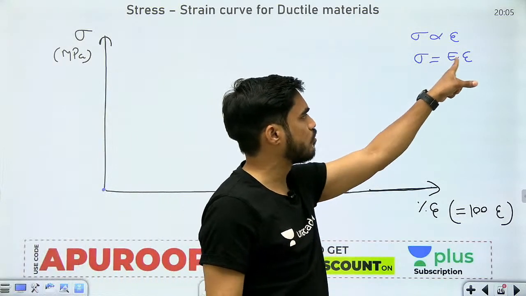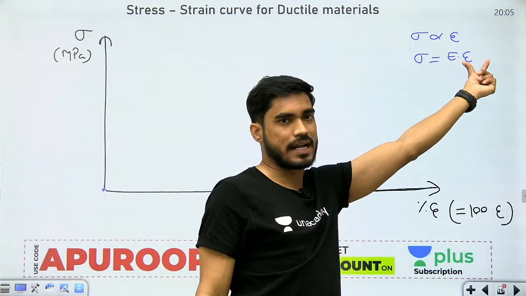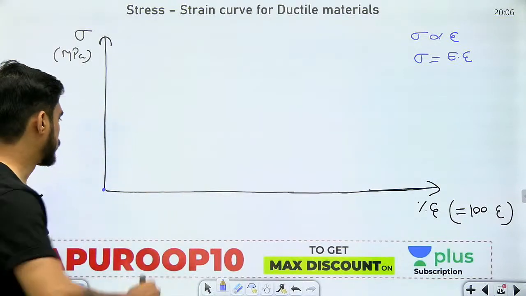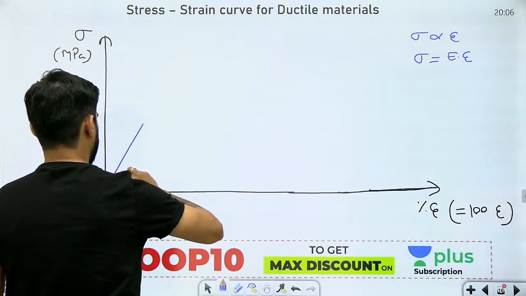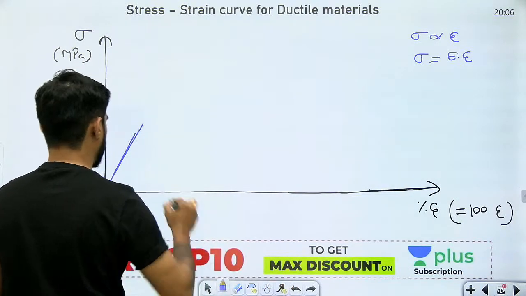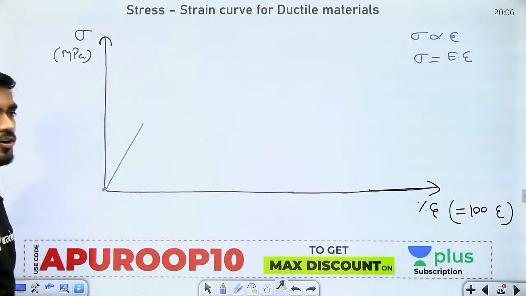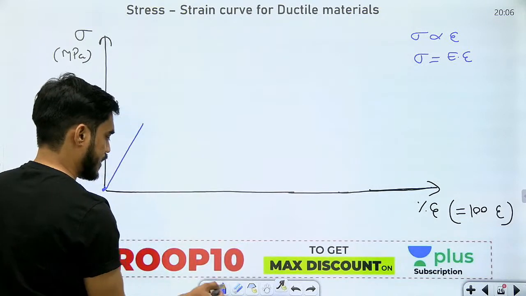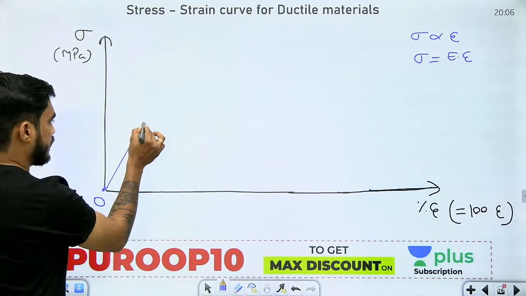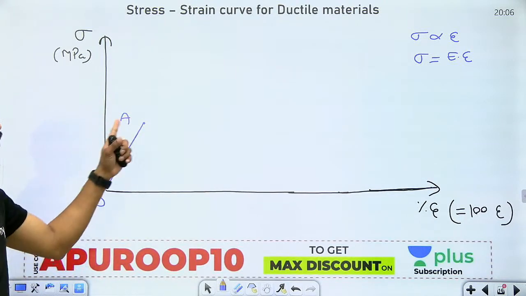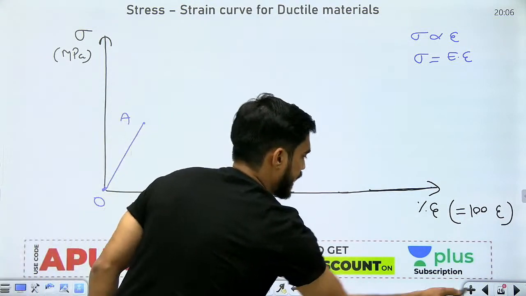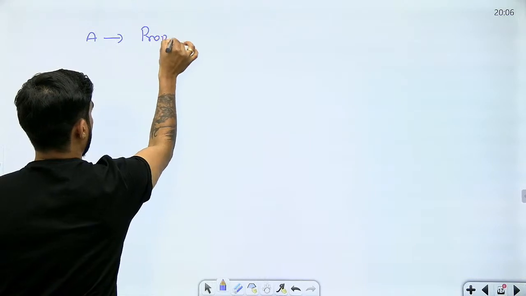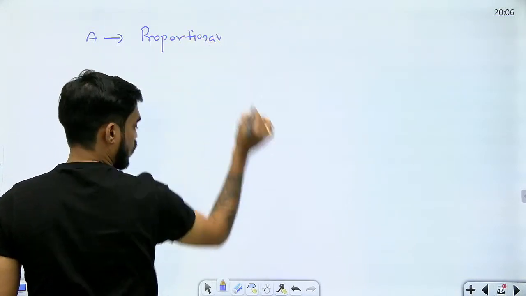Now what is this? Sigma equal to E into epsilon. This is your Y, this is your X. So Y equal to mx, which is the equation of a straight line. So initially you are going to get a straight line on the stress strain curve. Let's say this is my initial point O and this is point A. This point A is known as the proportional limit.